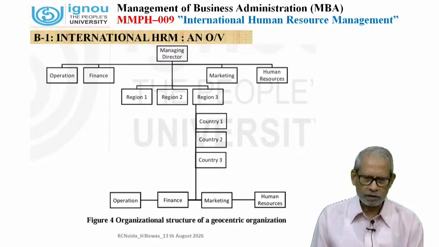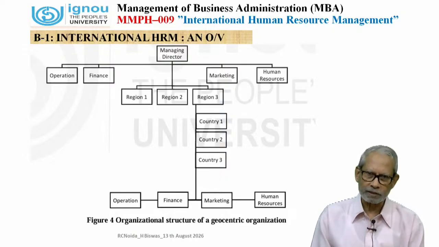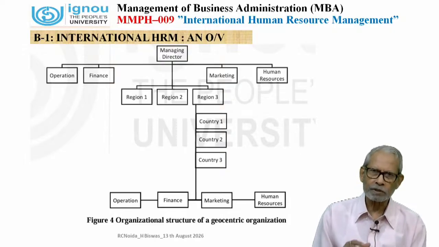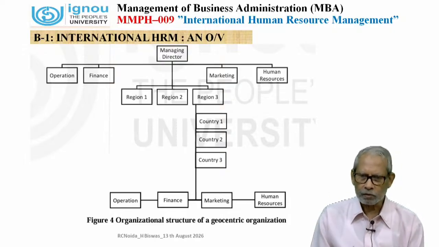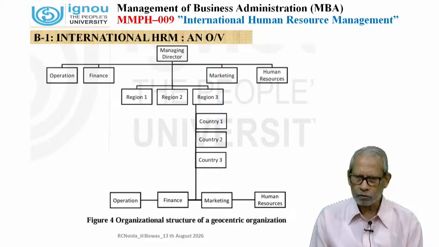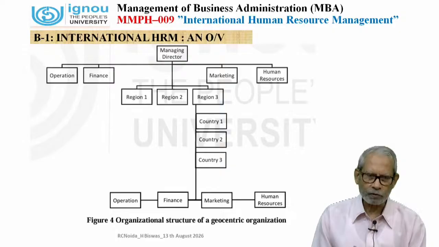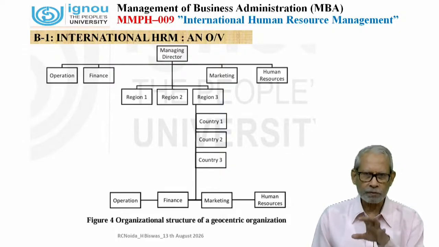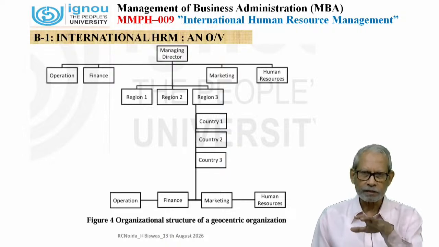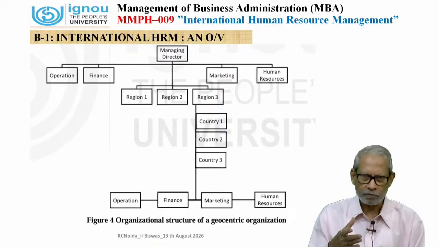Then geocentric organizations are geographically located in different places, with integration between them. Operations, finance, marketing and human resource management are located in different regions: region 1, region 2, region 3. Here one region, region 3, is shown; region 1 and region 2 have the same type of block diagrams.